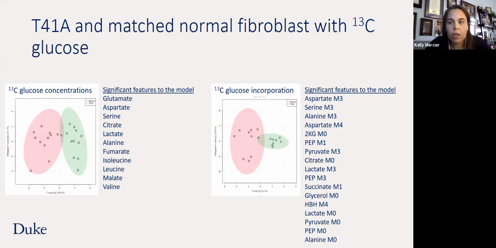These are very good supervised models. The unsupervised also look good. There is good differentiation between the groups. And we can see that the metabolite concentrations and isotopes are different for the normal versus the T41A.